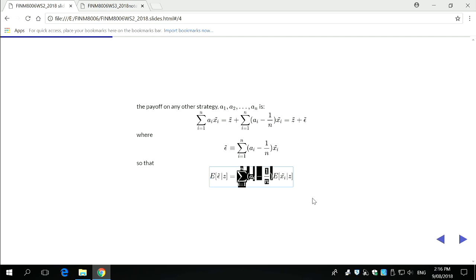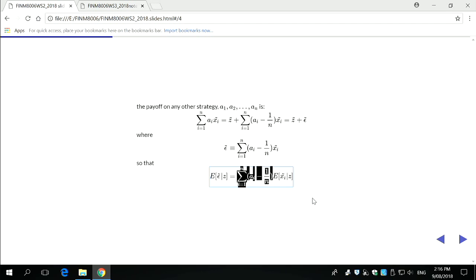If you ignore the expected x tilde i conditional on z, this part should equal 0, right? This is very obvious, because the sum of a_i minus 1 over n equals the sum of a_i minus the sum of 1 over n. The sum of a_i equals 1, and the sum of 1 over n equals 1 also.